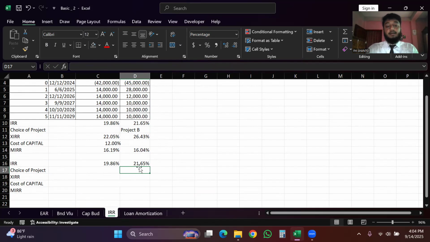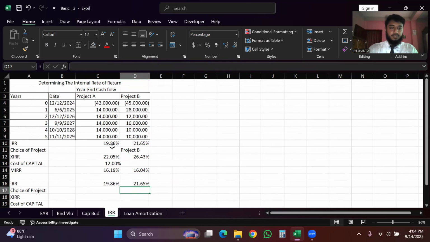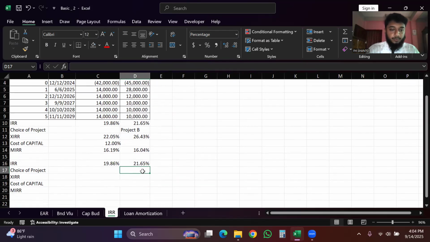Those projects are accepted whose IRR value is bigger. We can see the project B IRR value is greater than project A. So we select project B.